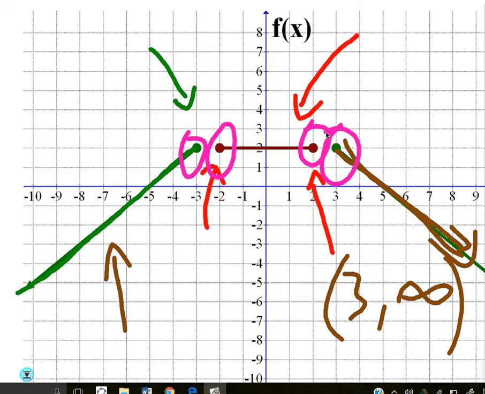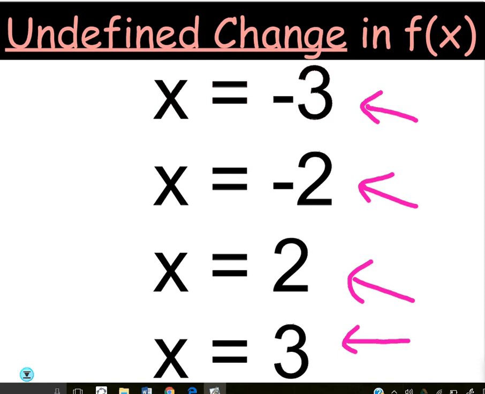Anytime you have an endpoint, you have an undefined change because there's either going to be something missing before or something missing after. So the change is not evident. There's a word for that in calculus, which you guys are going to learn very soon, and that's called the tangent line. The tangerine line. Yes, exactly.